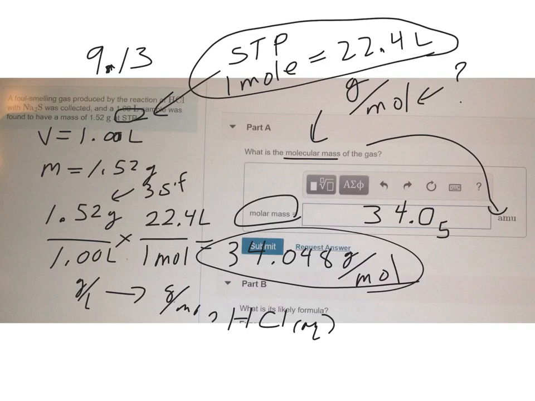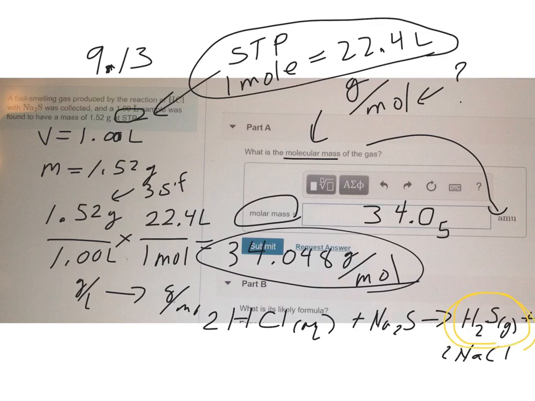Well, 2 moles of hydrochloric acid react with sodium sulfide to yield dihydrogen sulfide gas and 2 moles of table salt. And this would be something that you would know had you had Chapter 7. So this is one of the disadvantages of skipping around in the book and not letting me delete certain parts. But that's your probable gas.